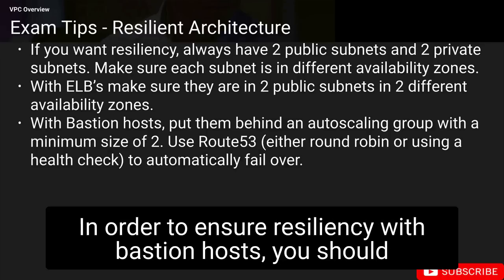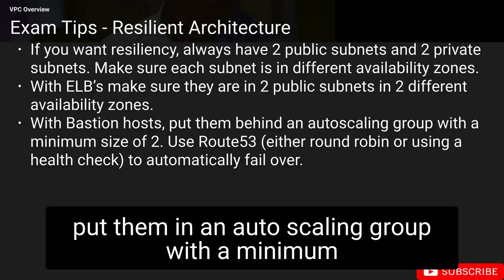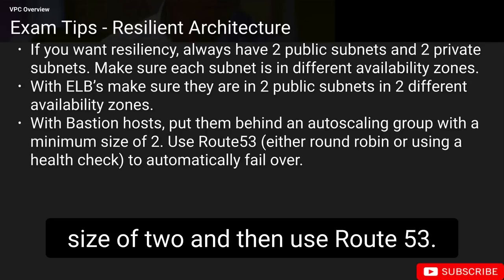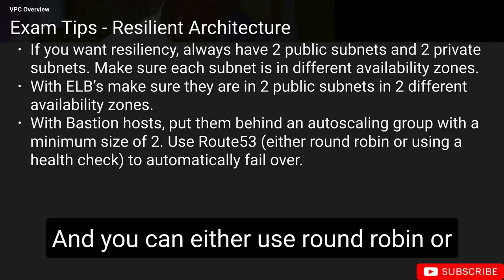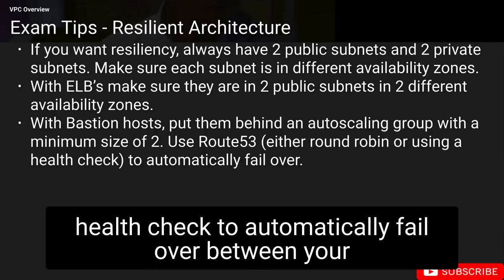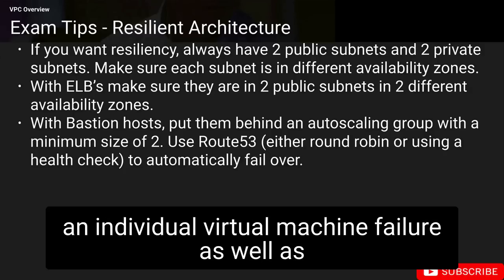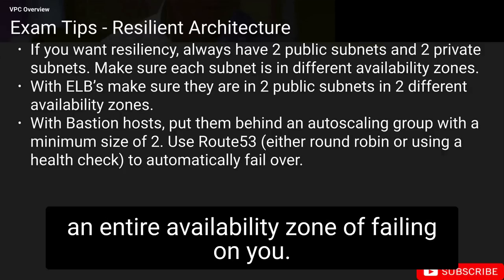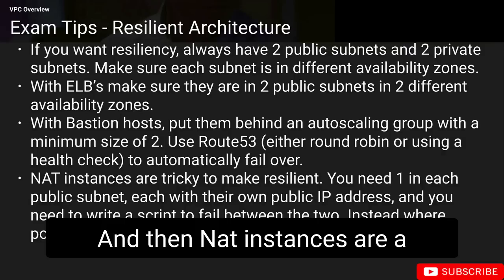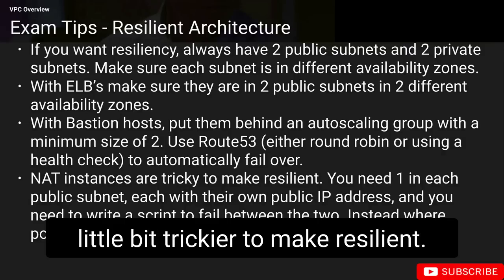With bastion hosts, you should put them in an auto-scaling group with a minimum size of 2, and then use Route 53, and you can either use round robin or a health check to automatically fail over between your bastion hosts, and that will protect you against an individual virtual machine failure as well as an entire availability zone failing on you. And then NAT instances are a little bit trickier to make resilient.